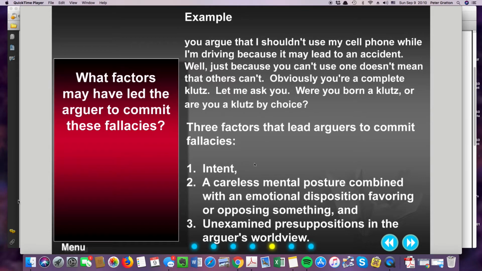They want to drive with their cell phone, and so they're just throwing anything up against the wall to hope something sticks. And perhaps they just have unexamined presuppositions in their own worldview. Perhaps they think that people who are klutzes can't talk to them about cell phone usage. Either way, these are reasons that people often create fallacies.